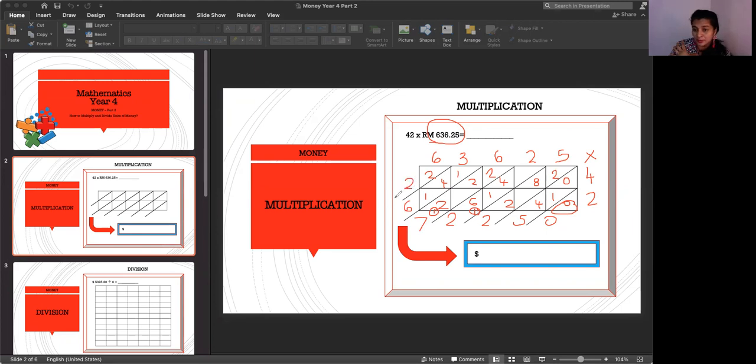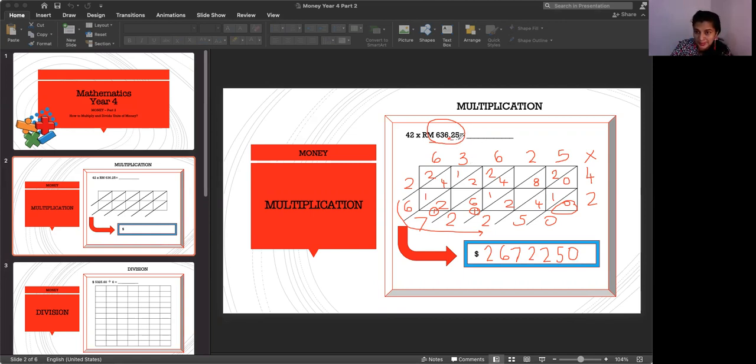Now, the next step that you have to do is write these digits down from left to right. So just copy it: 2, 6, 7, 2, 2, 5, 0. But remember, now we'll have to put in the decimal point.